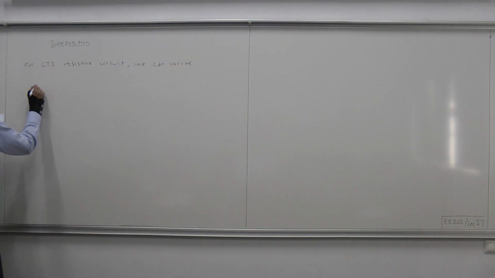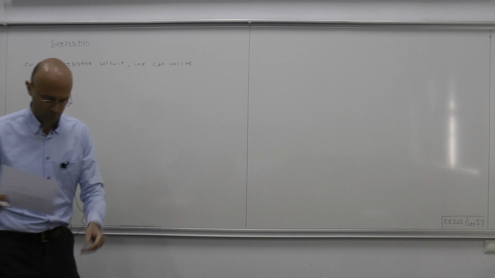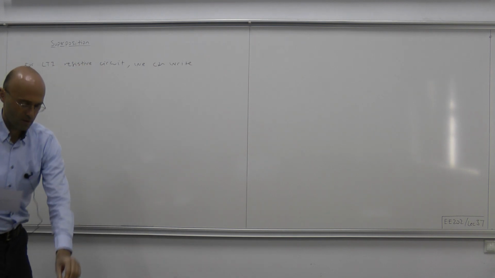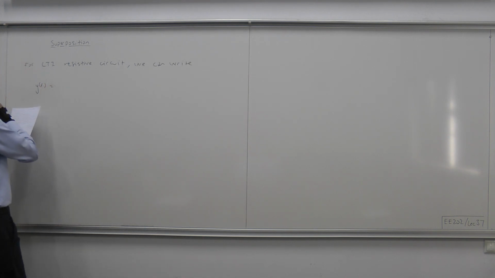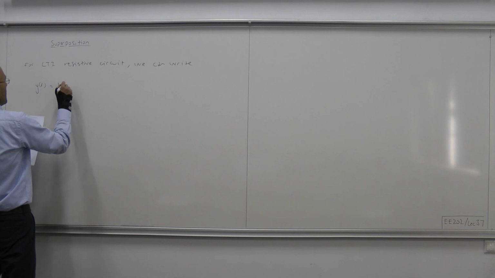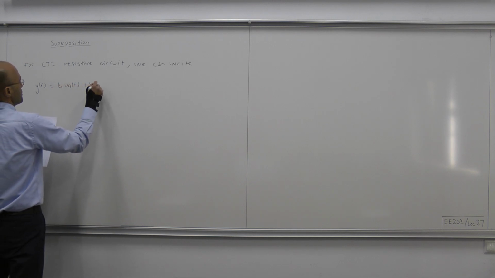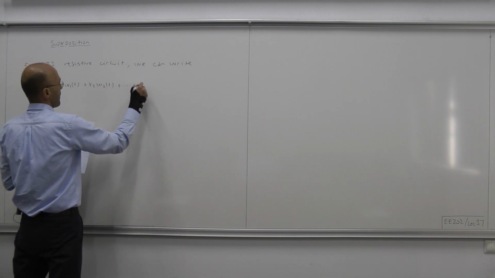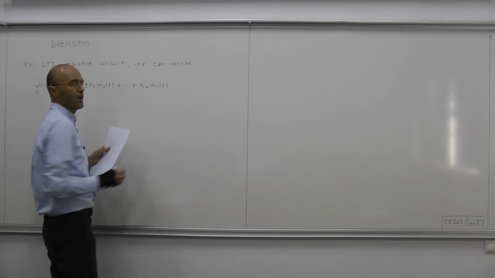Okay, so we have y equals k1. We're in time domain, so let me write as follows: y of t equals k1 w1 of t plus k2 w2 of t plus ... kn wn of t.